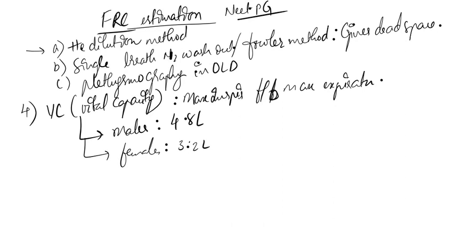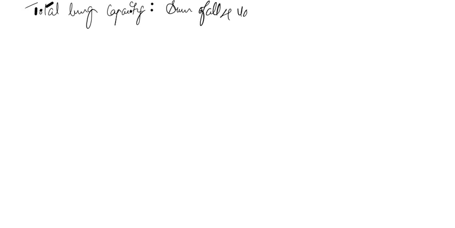Now we have one more value, that is total lung capacity. What is total lung capacity? It is the sum of all four volumes. What are those four volumes? Can anyone?